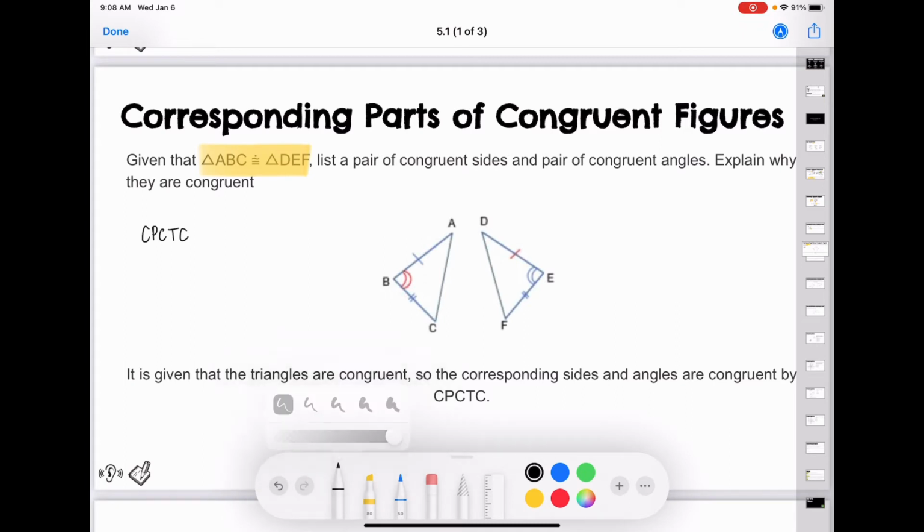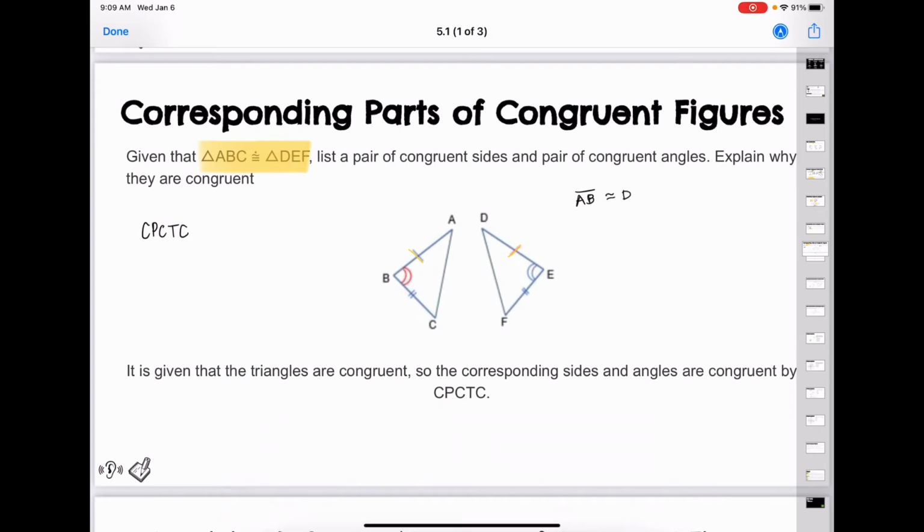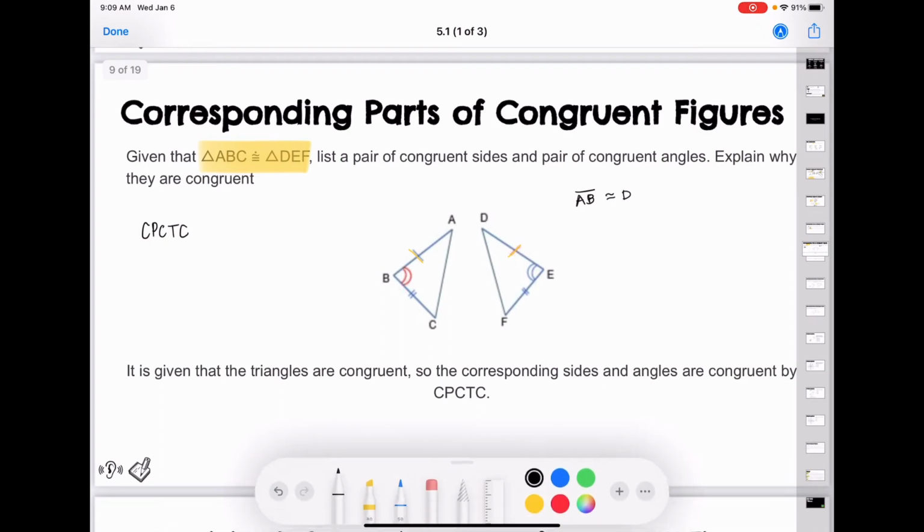So let's look at those congruent sides and pairs. Well, it's obvious here that AB is congruent to DE. It's obvious here that BC is congruent to EF.